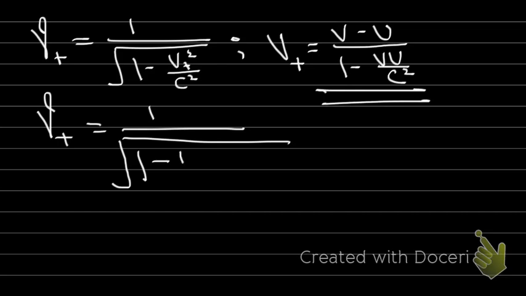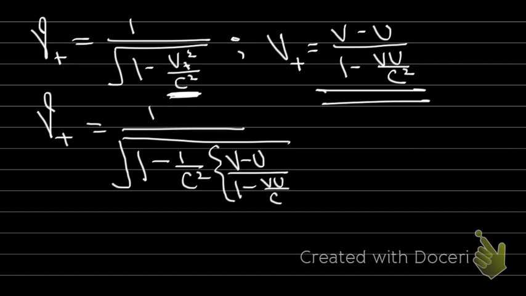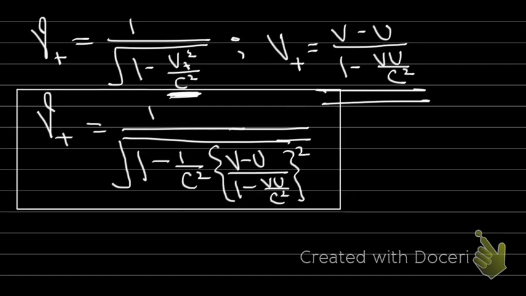So first let's write this 1 over c squared, this thing outside, and inside we would have (v minus u) over (1 minus v times u over c squared), and we close the brackets and square, right? So the square root is all of this, and this is my gamma plus.